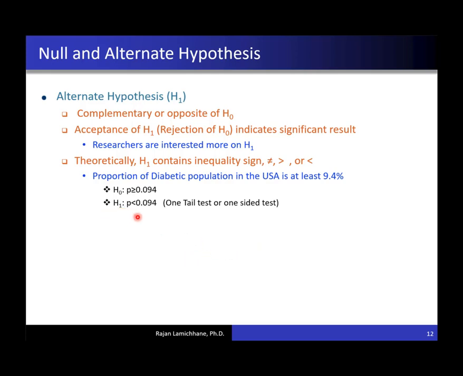Here, this alternate is the left side, so it is called a one tail or left tail test. Sometimes we call it one tail, left tail, or one sided, whatever you like to say. So if your alternate hypothesis is less or more, then this is one tail.